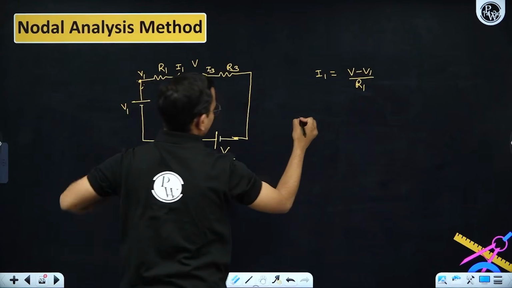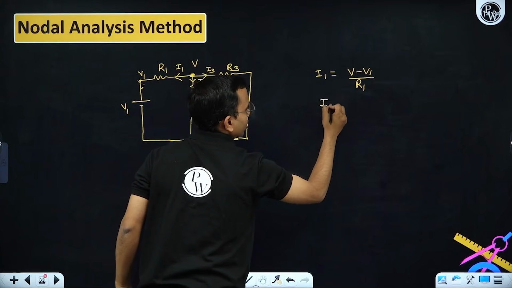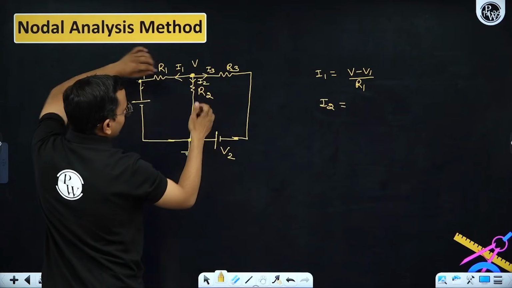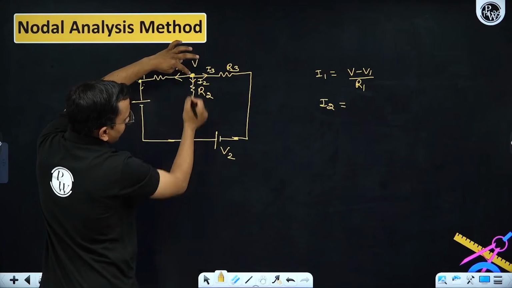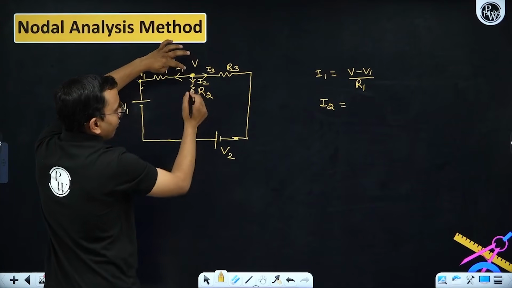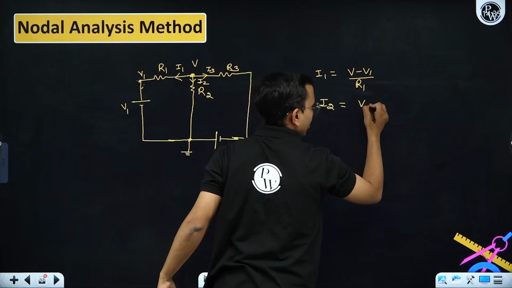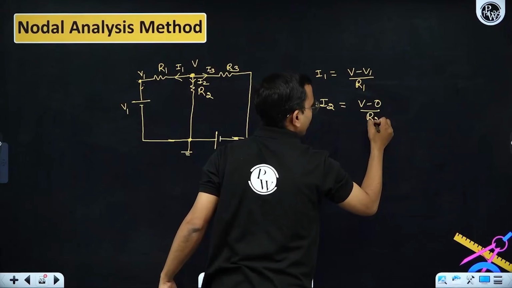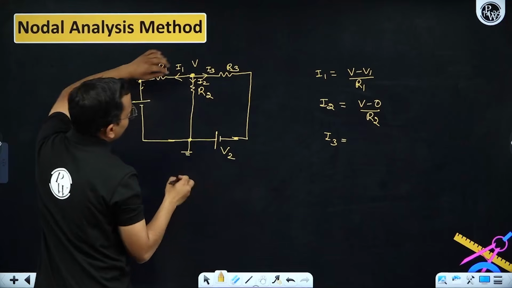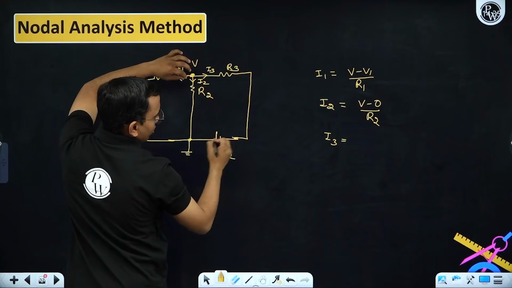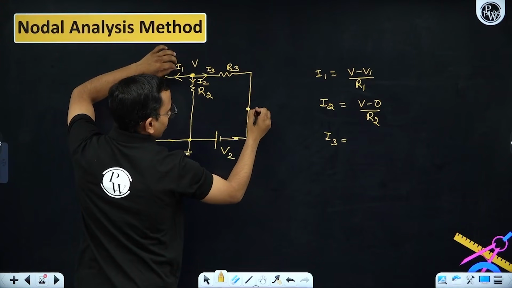What is I2? I2 is, this is V, this is 0. Potential across this resistance is V minus 0 divided by R2. What is I3? This is 0, so this is minus V2 here.